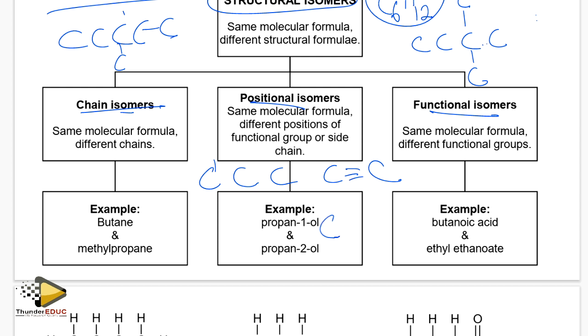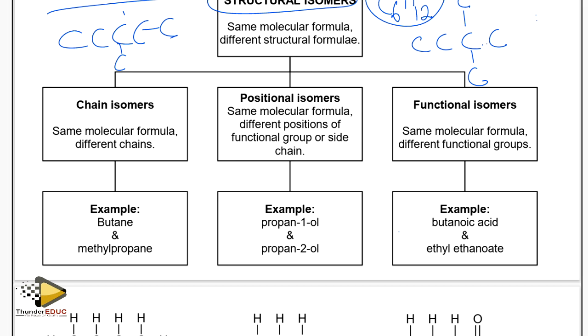Now in the second one, you have changed the position of the functional group, therefore it becomes positional isomer. It was a primary alcohol, it becomes a secondary alcohol, it is a position isomer. You have changed the position of the functional group.